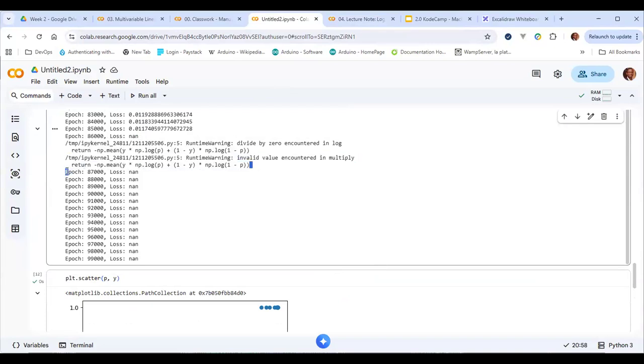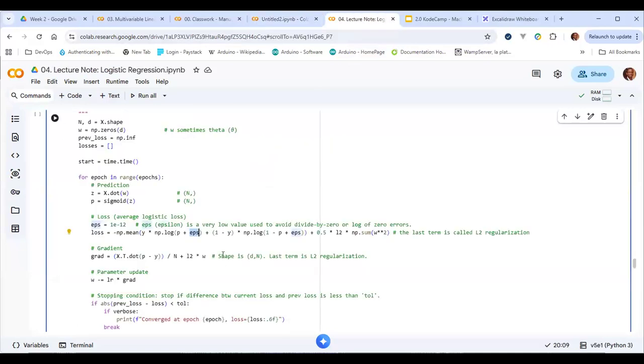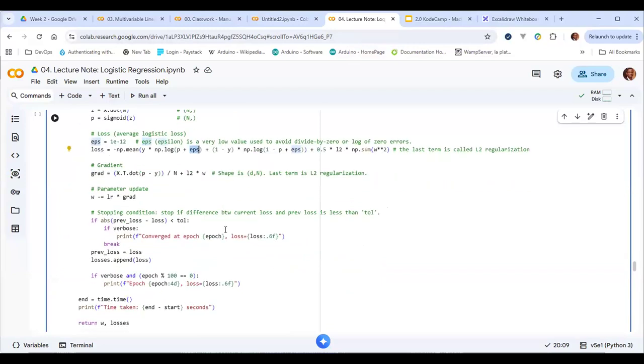So it's telling me invalid value, divide by 0 encountered in log. So essentially we are doing log of 0, which is not correct. So that's the essence of that epsilon, to prevent this error, so your model can continue training instead of collapsing into nans. We'll talk more about that as we keep going.